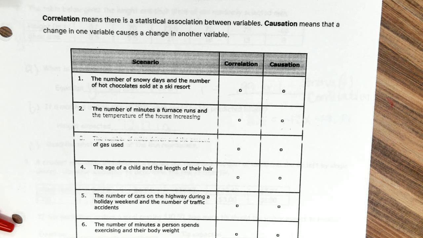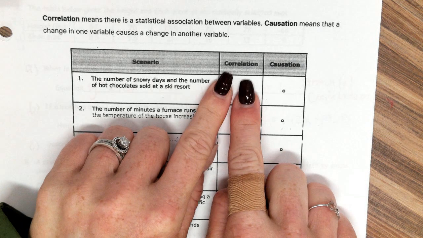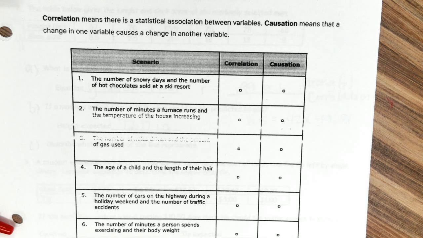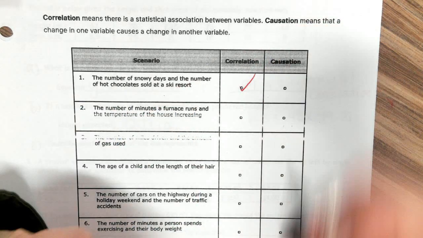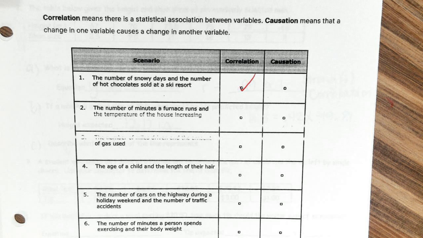So it will directly, no matter what, cause that, or is it just related? Correlation means it's related. Causation means it will cause it no matter what. So it's actually just correlated. It's related. If it's snowy, people are probably going to want hot chocolate. Yes, but will it make them get it? No. Okay, so that's kind of the difference.